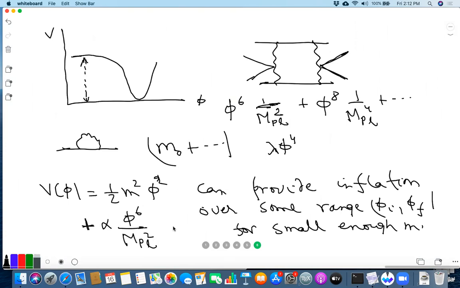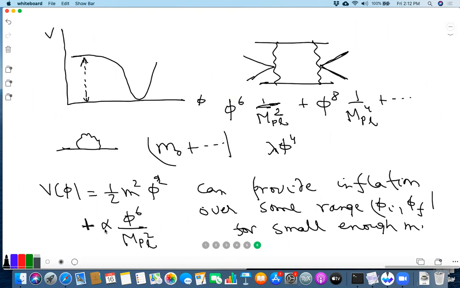Yeah. Also, just one last thing. This coupling that appears in front of these terms, is it always positive? No, it could be negative also. But presumably the whole potential should be positive definite, otherwise it doesn't make sense, right? I mean, we would like that to happen, but if it doesn't happen, then the model is unstable.